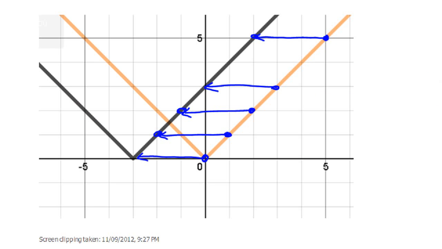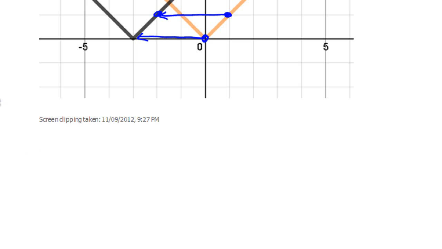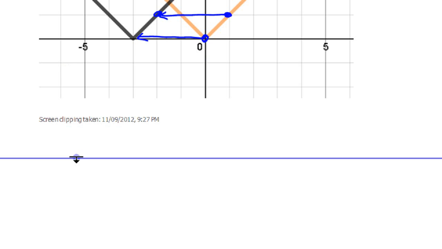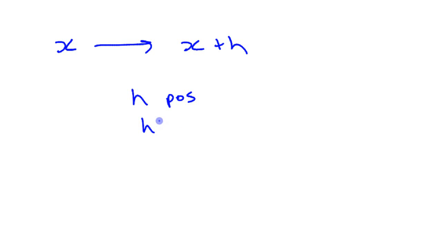So if we want some terminology here, when you replace x with x plus h, where h is any real number, if h is positive, in other words h is greater than 0, it gets translated in the opposite way you think.